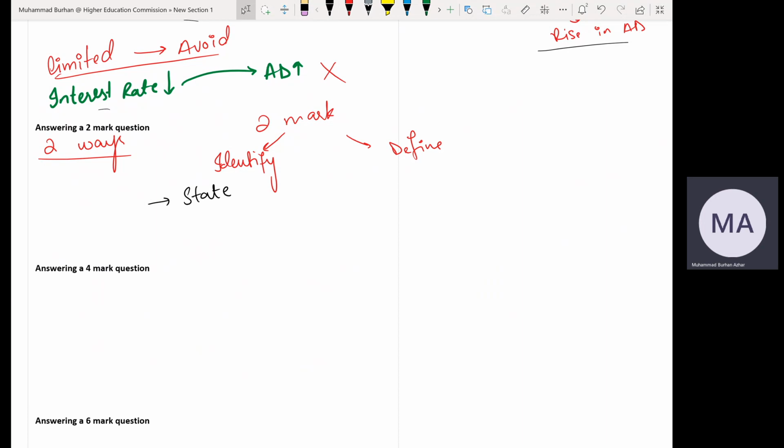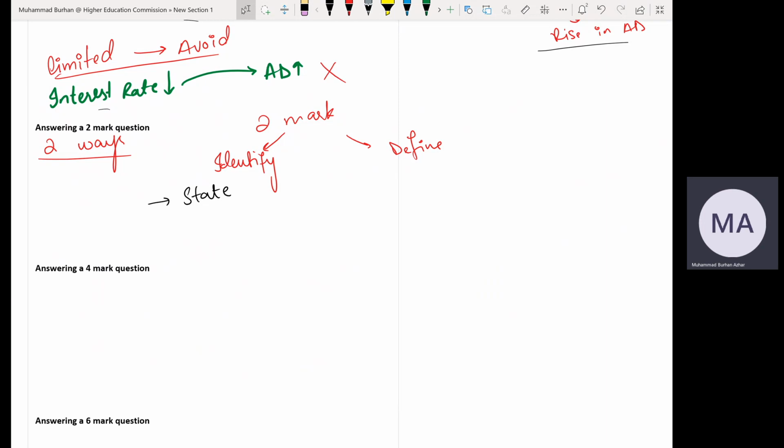Let's say कि मेरे पास एक आया है कि identify 2 characteristics of money. So I'll just state 2 characteristics, that is general acceptability and divisibility. So that is what I will write. And in point form, when it's an identify question, I'll identify 2 characteristics as a list.